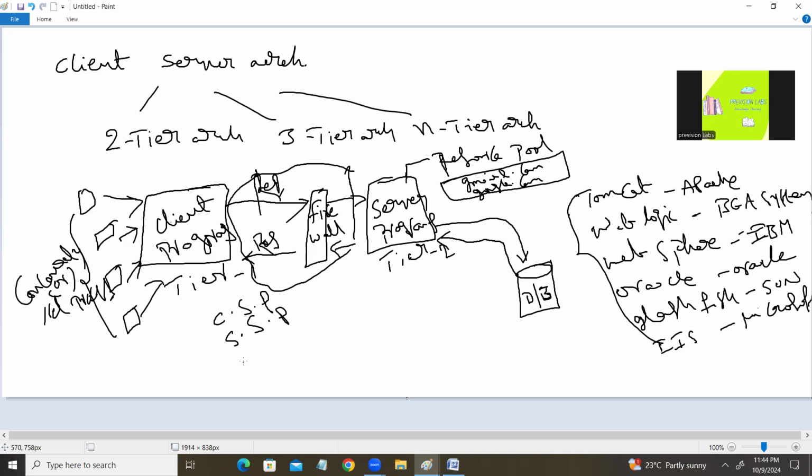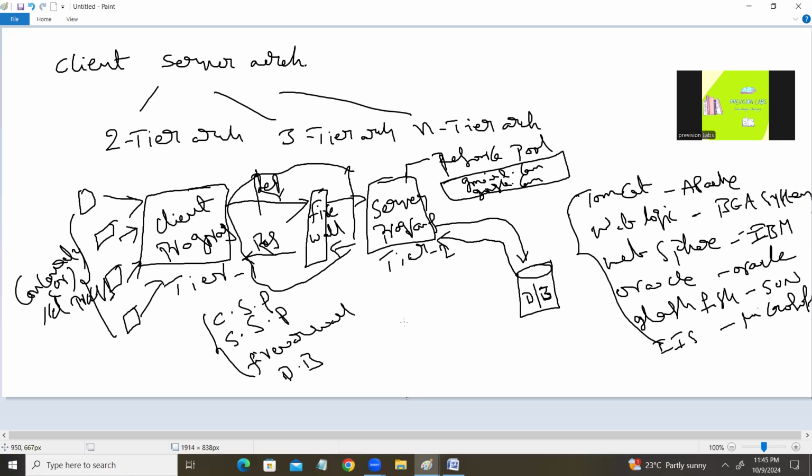Along with that, we require firewall developers and also database programmers. However, currently the industry expects full stack, whoever has complete knowledge of client side programs and server side programs, along with firewall, database, everything. So all of industry is expecting full stack nowadays.